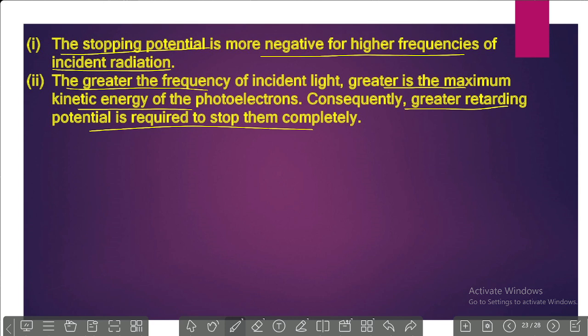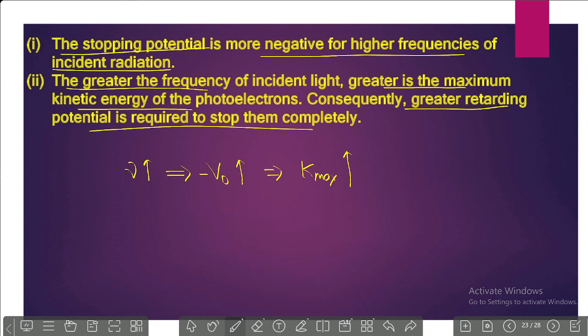You know Kmax equals eV naught, so they are linearly dependent, and kinetic energy will depend on frequency.